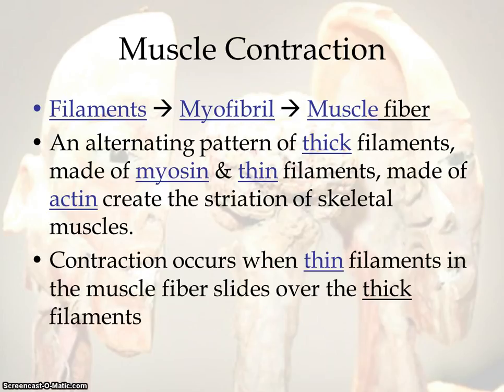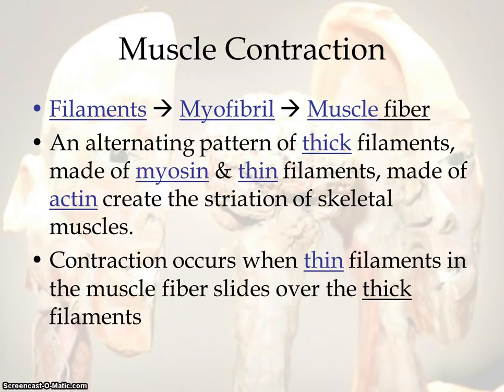Now, when a contraction occurs, if you were to pick up your book or pick up a drink or pick up your phone and lift it, muscles in your arm are contracting, and that's actually what happens when contraction occurs. The thin filaments are going to slide over the thick filaments.